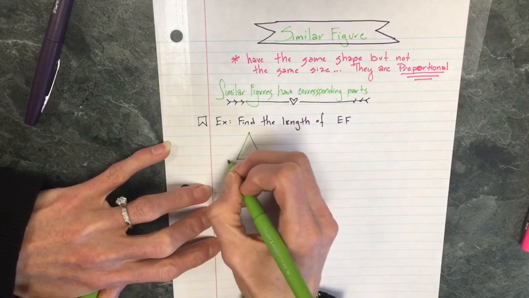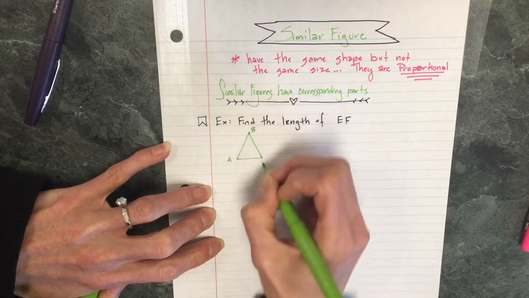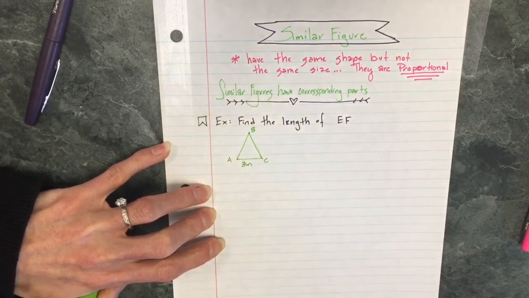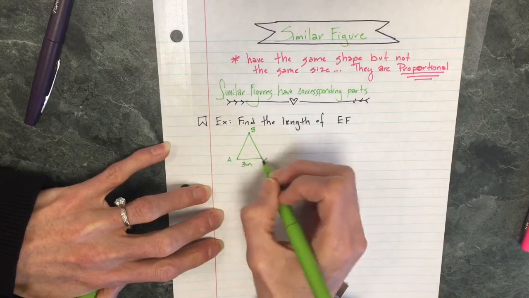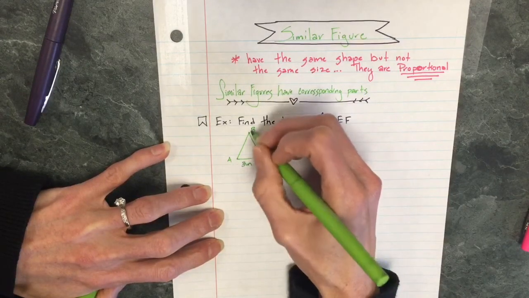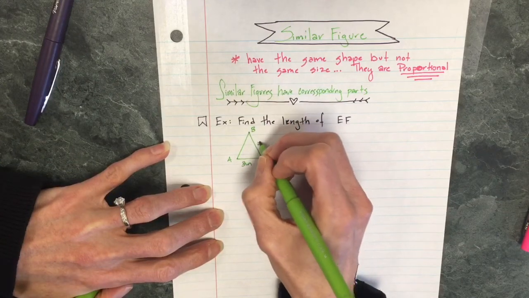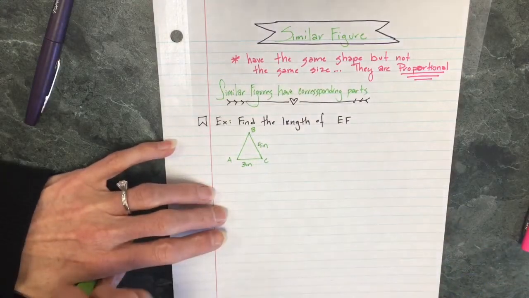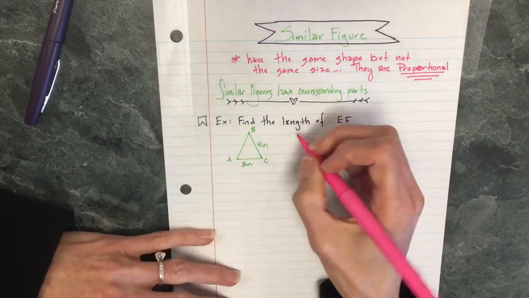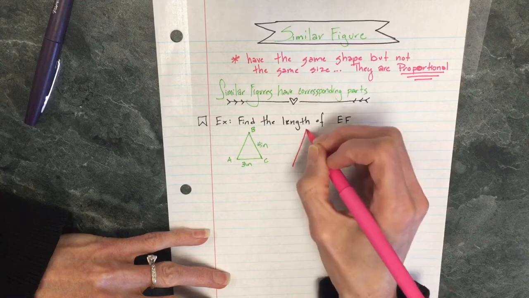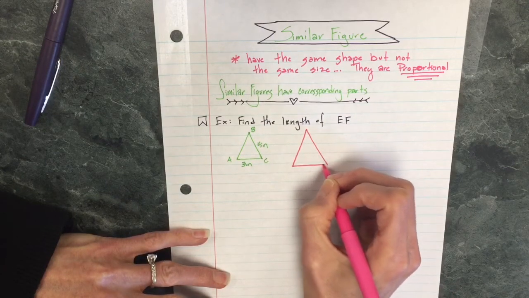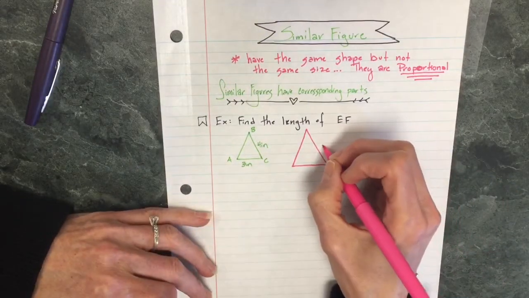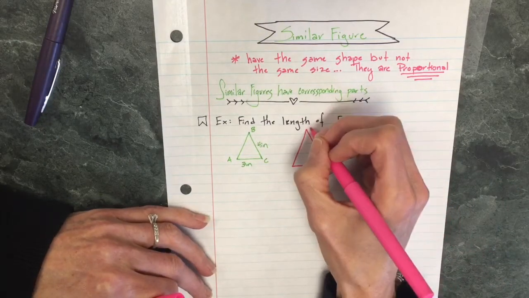This is triangle ABC, and it tells us that this side, side AC, is 3 inches, and side BC or CB is 4 inches. And then in this triangle, which is a little bit bigger, same shape though, we are missing this side right here. And this is side EF.